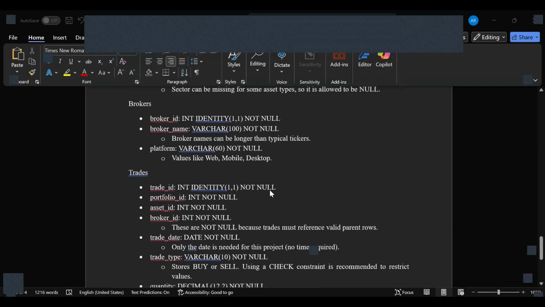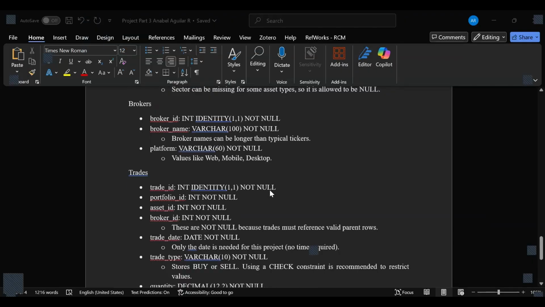Then for broker ID, we selected integer identity.